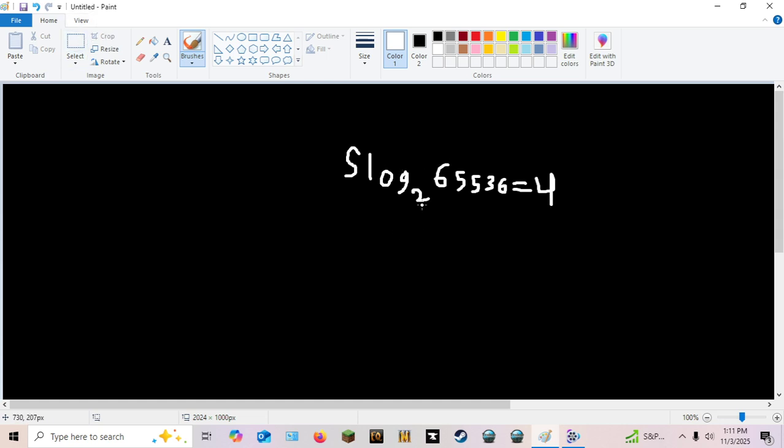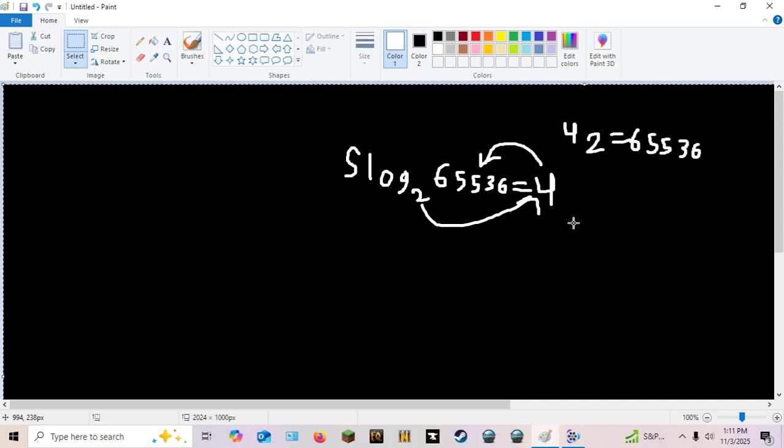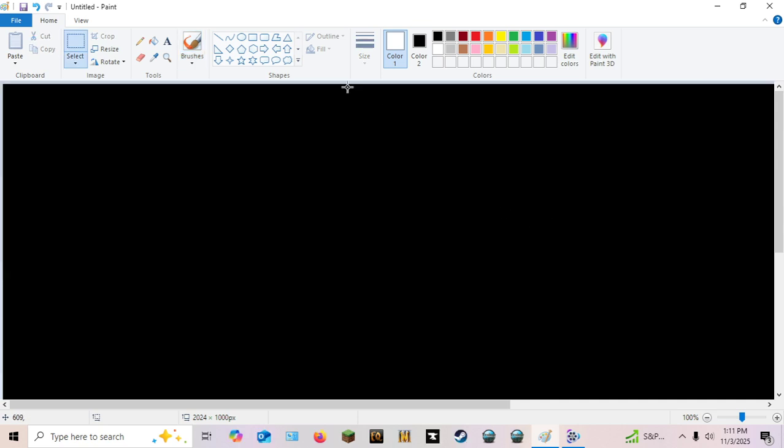To convert to tetration form, 2 tetrated to 4 equals 65,536. Now, let's do a tetration equation. We just discussed one of those in a previous video, but 2 tetrated to x equals 65,536.